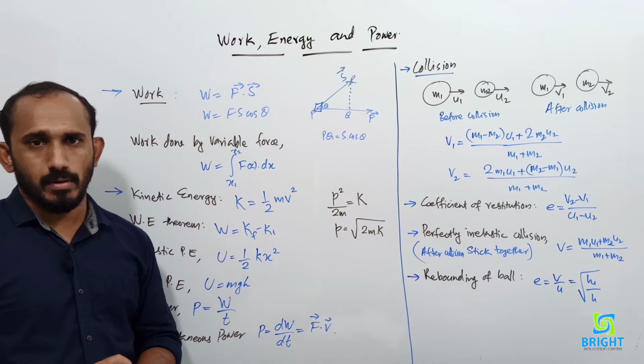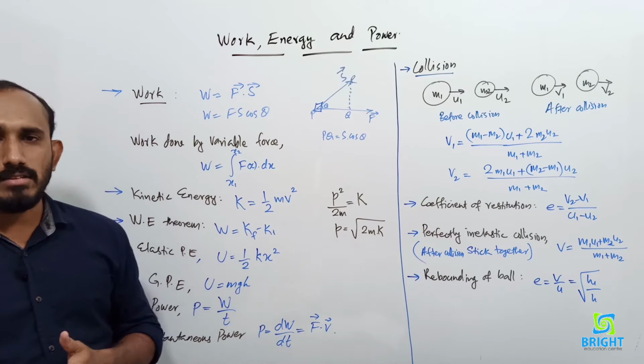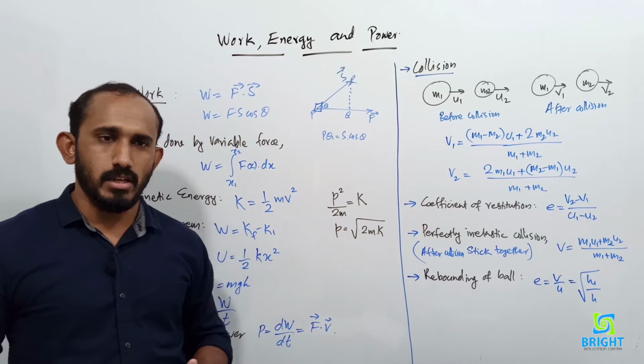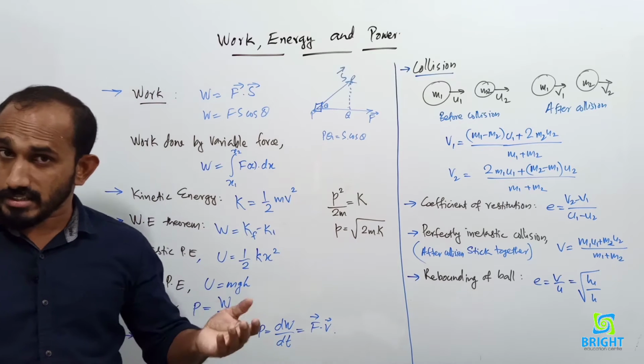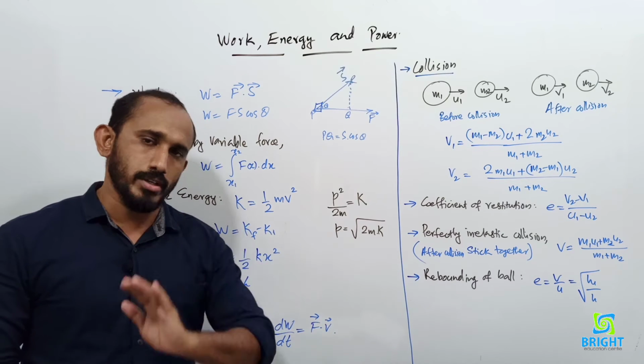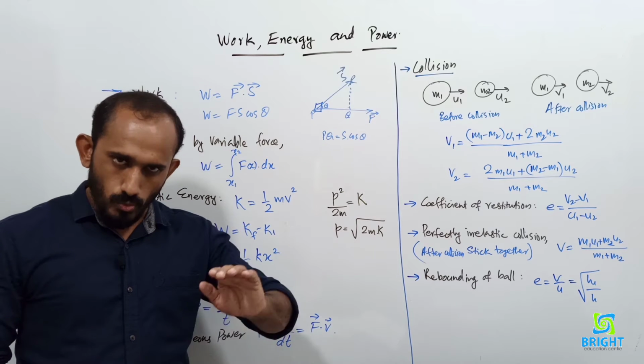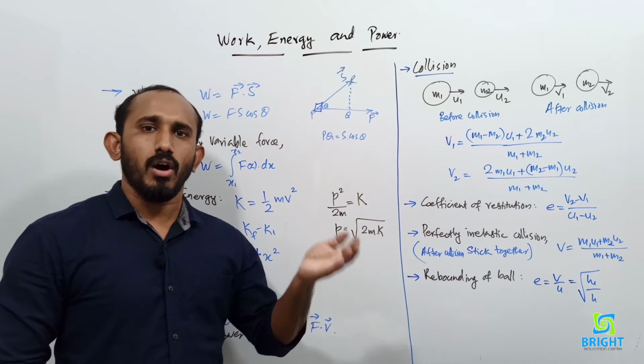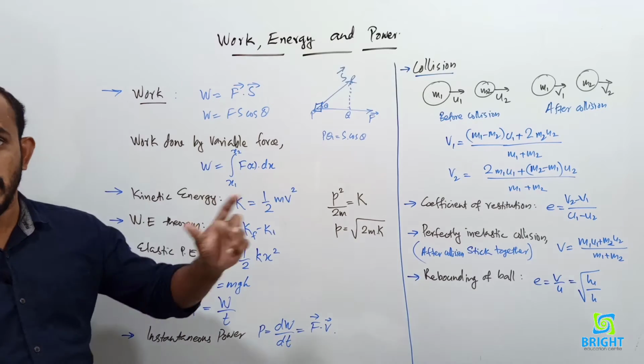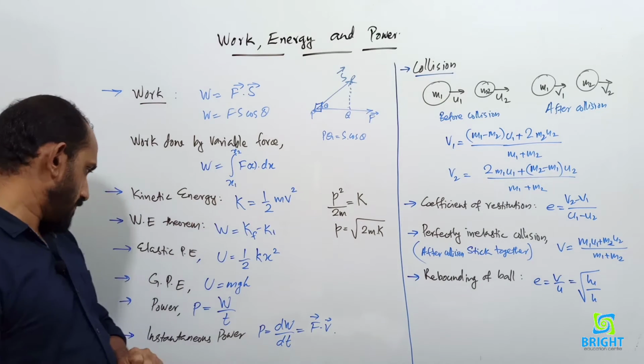That's called the work energy theorem. So if in a question mass and the initial and final speeds are given, you can find the change in kinetic energy, which will be equal to the work done. So work done is equal to change in kinetic energy. That's the work energy theorem.